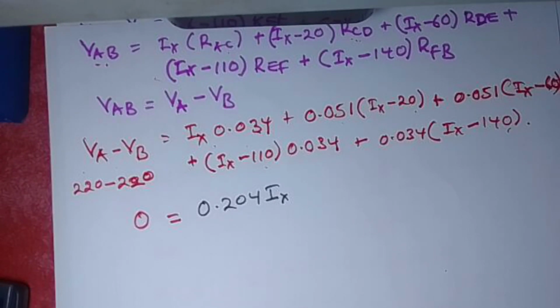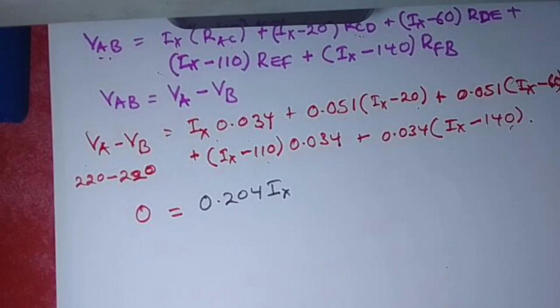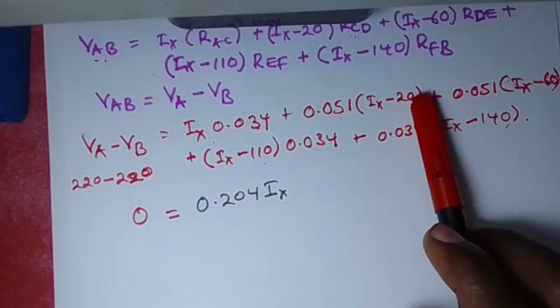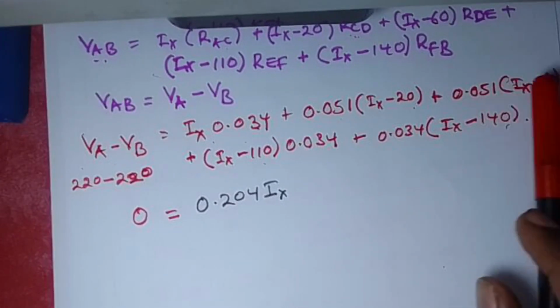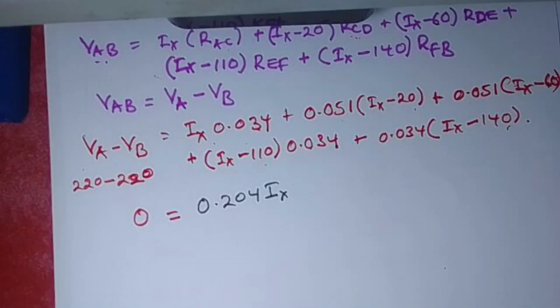Summing them up, that is going to give me a negative 0.051 times 20 after opening this bracket, then plus a negative 0.051 times 60, then plus 0.034 times 110, then plus 0.034 times 140.